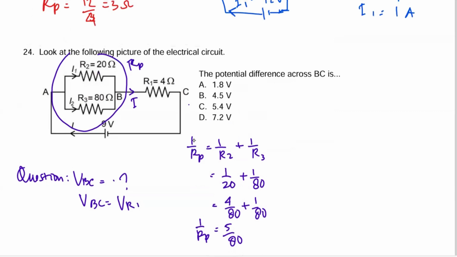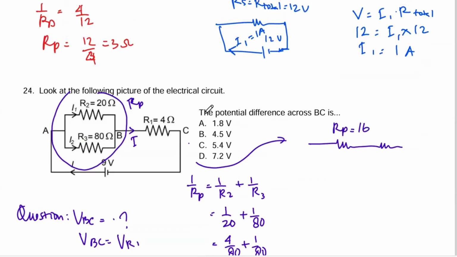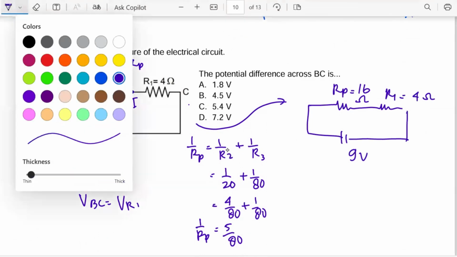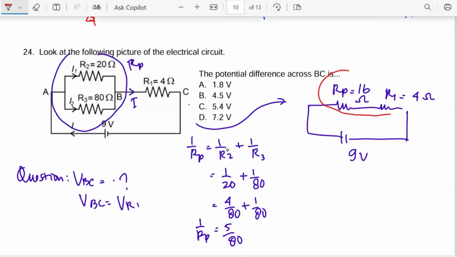So we can simplify the picture, it becomes like this. This is the Rp. The Rp is 16 ohm, right? 16 ohm with the R1. The R1 is here, it's 4 ohm. And this is the V, 9 volt. So using this picture, we can count the RS, right?